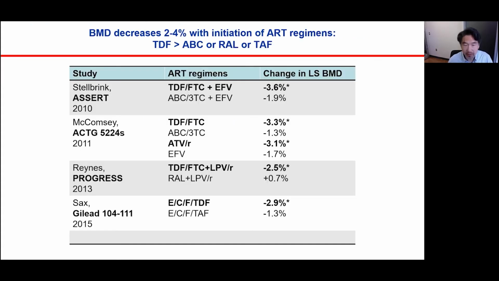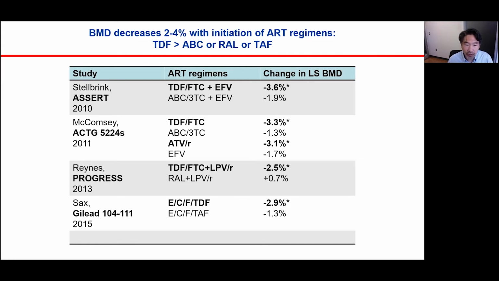This is a slide that compares the quantity of change, in this case just in lumbar spine BMD, with initiation of various antiretroviral regimens. Just looking across the board, you see about a 2 to 4% decrease in bone density with initiation of antiretrovirals, more so with combinations that contain TDF and FTC.